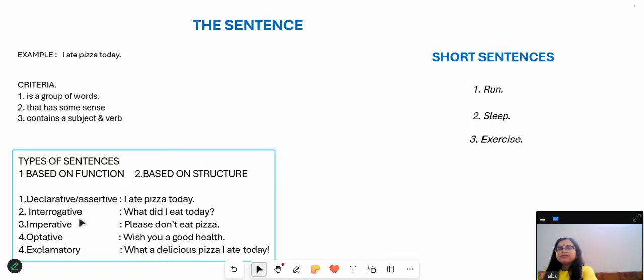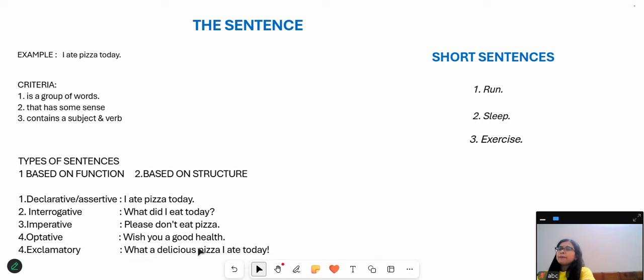So the third type of sentence is an imperative sentence. बच्चों imperative सेंटेंस क्या होते हैं? वो सारे सेंटेंसेस जिसमें कोई कमांड, इंस्ट्रक्शन, रिक्वेस्ट होती है, उन सभी सेंटेंसेस को हम imperative sentences कहते हैं, right?